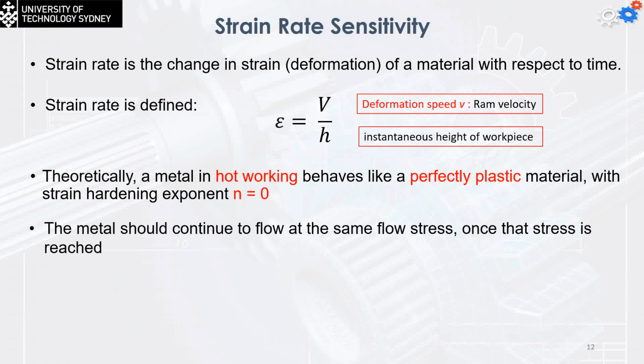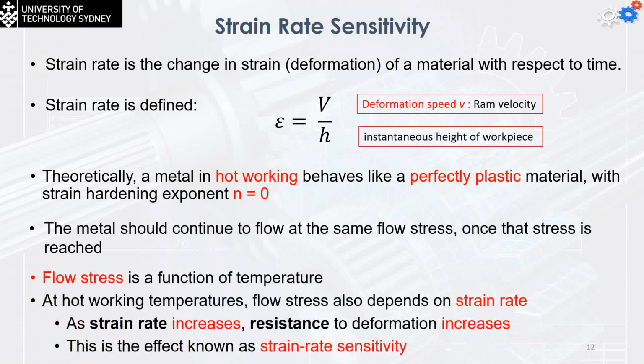We said that the value of the flow stress is going to go lower as the temperature is increased. At hot working temperature, the flow stress depends on the strain rate value. As the strain rate increases, the resistance to deformation will increase, and this is the effect known as the strain rate sensitivity. Now, that usually happens.